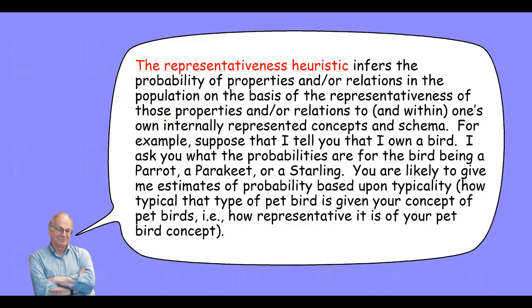For example, suppose that I tell you that I own a bird, and I ask you what the probabilities are for the bird being a parrot, a parakeet, or a starling. You're likely to give me estimates of probability based on how typical that type of pet bird is given your concept of pet birds, how representative it is of your experiences of pet birds.